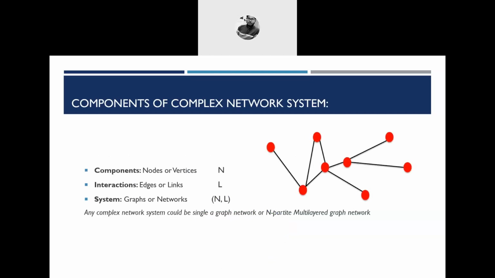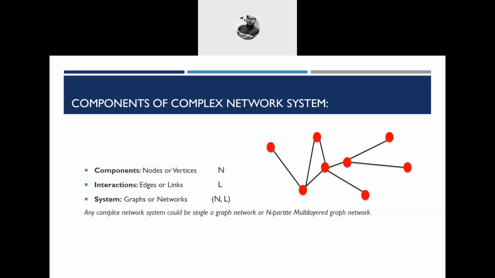Now let's start with the components of a complex network system. What are the basic components that any rough complex network system should contain? The first component is the nodes, the elements or certain important objects about which we are going to study.